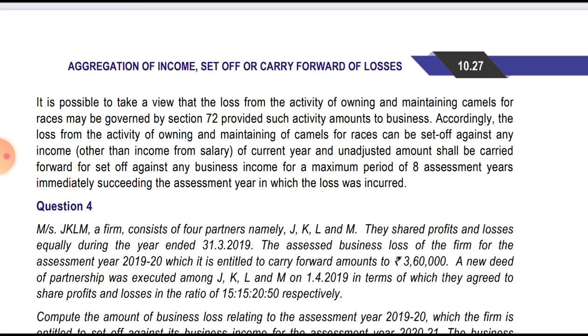So it can be set off against any income except salary of the current year, and an unadjusted amount shall be carried forward and set off. If any amount is left unadjusted, it can be carried forward and set off for a maximum of 8 assessment years immediately succeeding the assessment year in which the loss was incurred. So we have to count the next 8 assessment years.